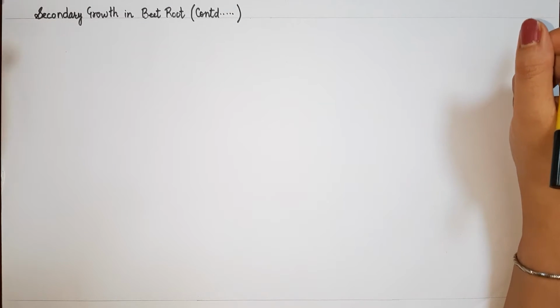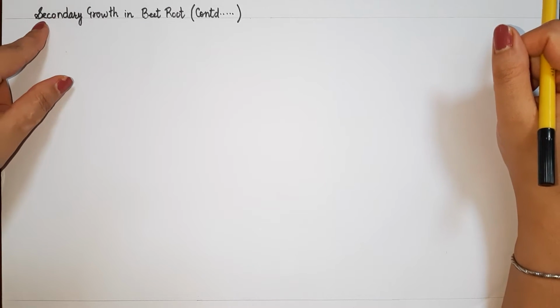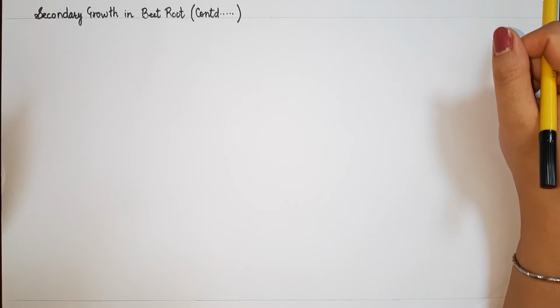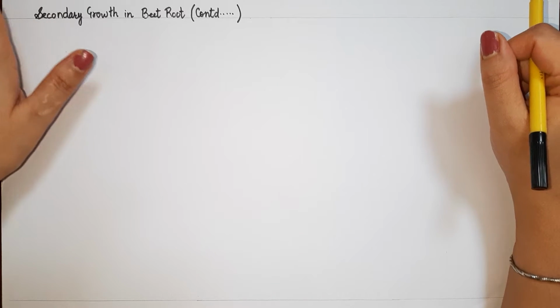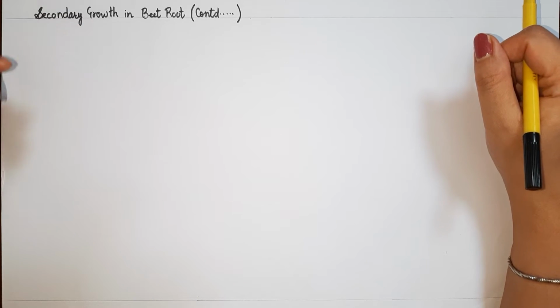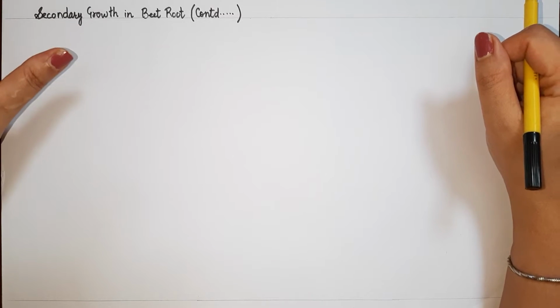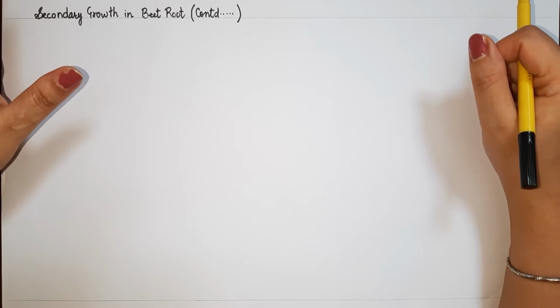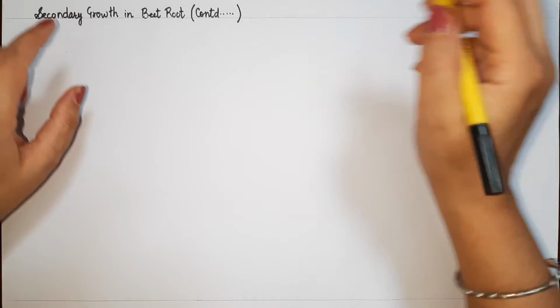Okay, in the previous part we discussed that the secondary growth in beetroot is anomalous type. The first step is normal, that is the formation of vascular cambium, but further the development of secondary tissues is abnormal. So, what normally happens?